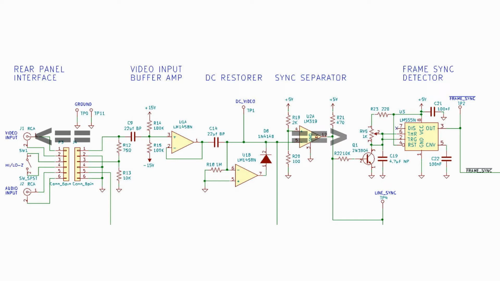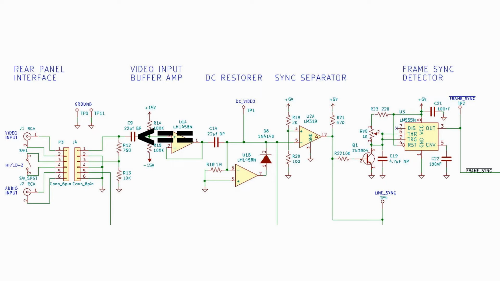The video comes in through an RCA jack labeled J1 video input. It can be terminated in either 75 ohms or 10K. This is controlled by switch 1, which selects either high or low impedance input termination so that we can use either a proper video generator or an audio card or tape recorder output.